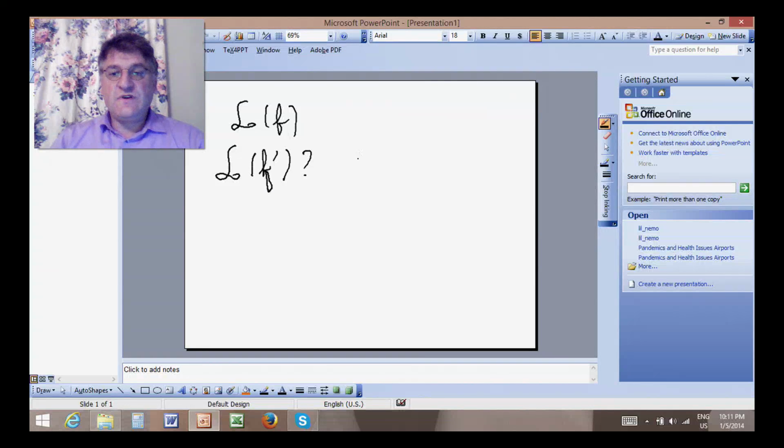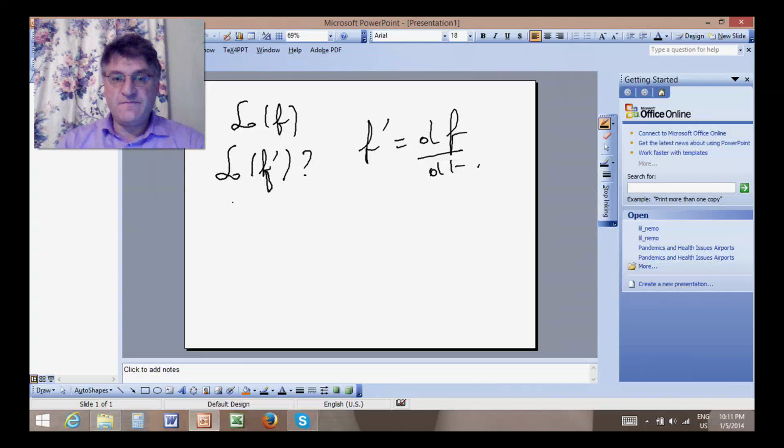Now, in this case, I define f prime as df dt, and I hope, of course, it is well defined. Then I begin by computing my Laplace transform of f prime as the integral from minus infinity to infinity of f prime e to the minus st dt.